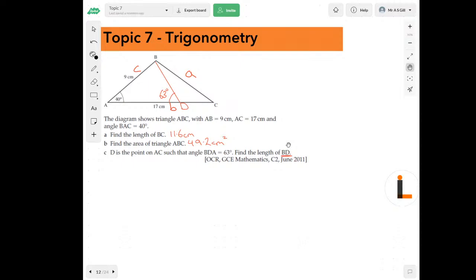And so actually what I would do is now draw out this triangle ABD separately so that I can ignore all the information that I don't need.